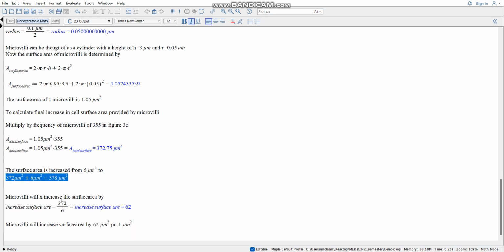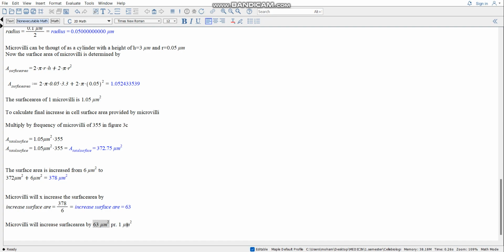Now we can divide this value here, so actually it's 378 by 6. So the increase of surface area is 63 square micrometers per 1 square micrometer.